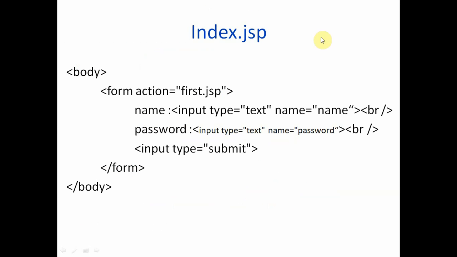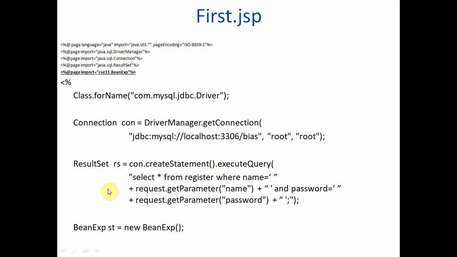Whatever we have written in the name text box and password text box will be matched with the name and password of the register table. If it matches with the variables of the register database table, then it means the right user is logging in.